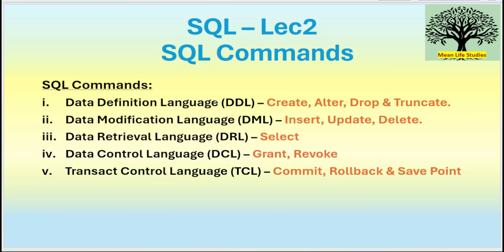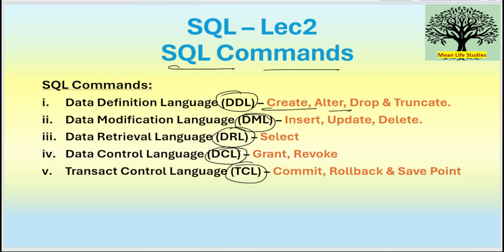Now, in the second lecture we discussed basic commands in SQL, that is DDL, data definition language, data manipulation language, data retrieval language, data control, and transaction control language. These are very important commands that we use everywhere to create and alter, to do anything.